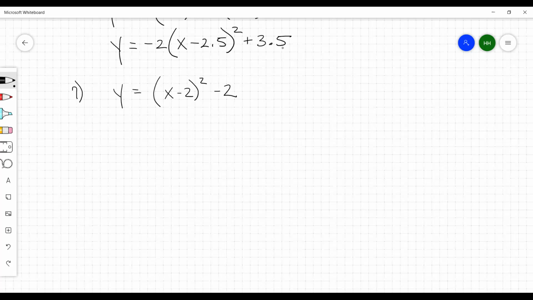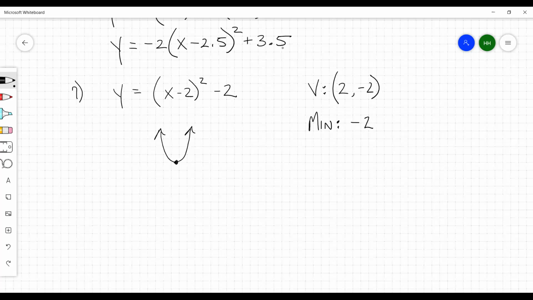All right, the vertex of this graph is at 2, negative 2. This graph has an a value that's positive. Since this a value is positive, this graph goes up. When the graph goes up, it has a minimum value. It's down at the bottom. So this has a minimum value of negative 2.